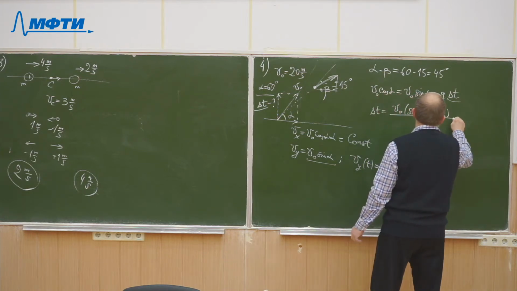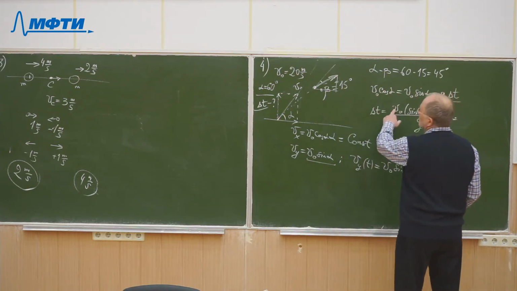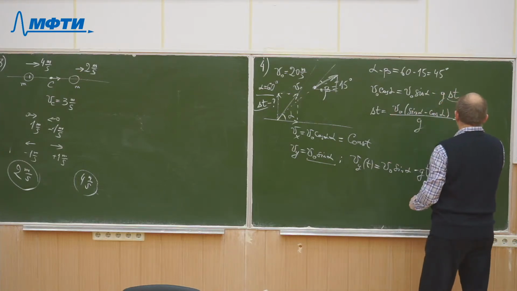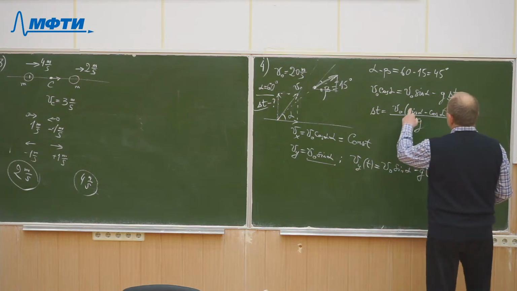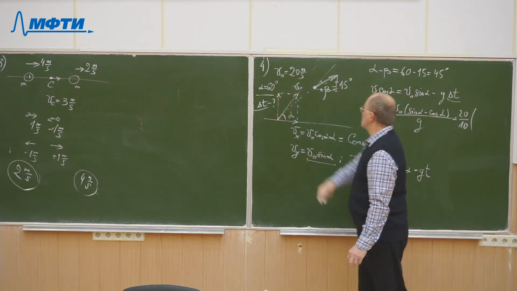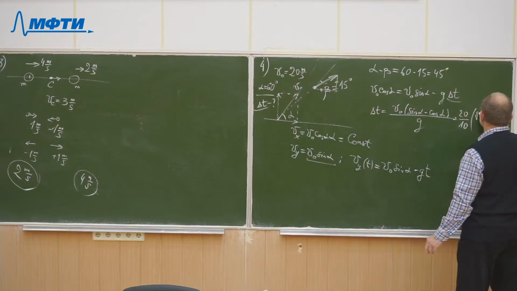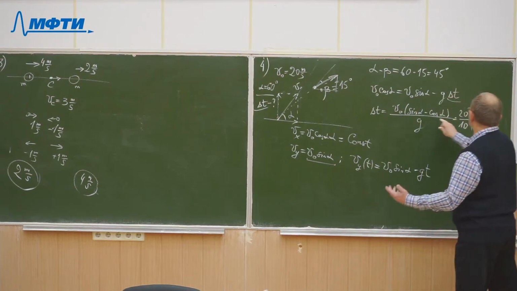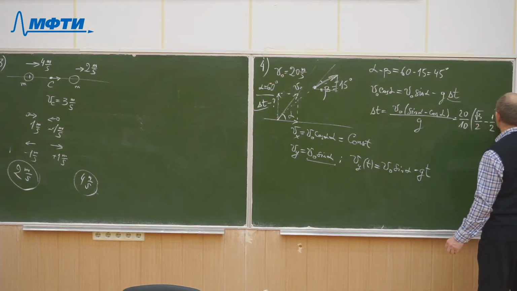over g. And that will give us: V0 is 20, g is approximately 10, sine of 60 degrees is square root of 3 over 2, minus cosine of 60 degrees, which is 1 over 2.